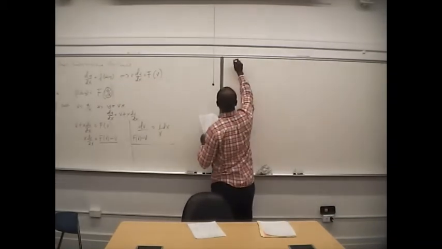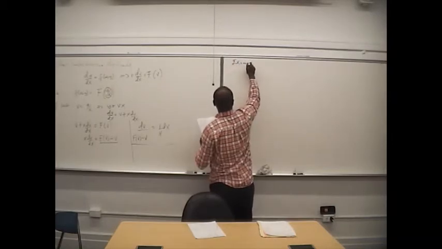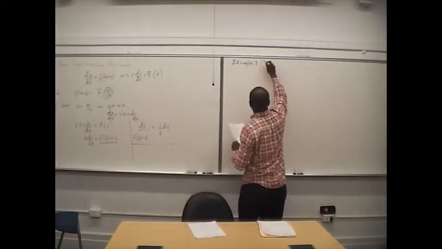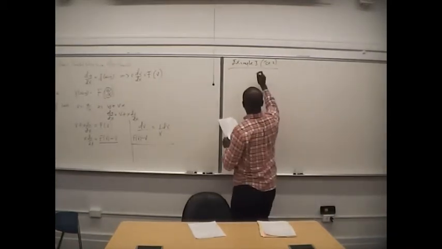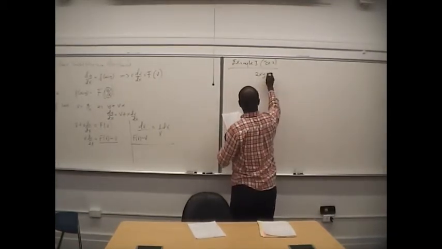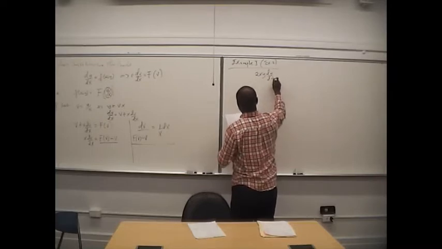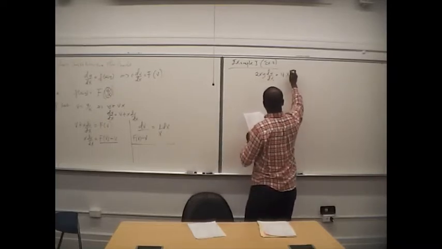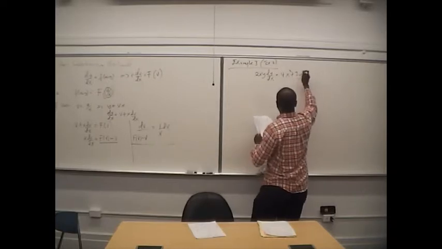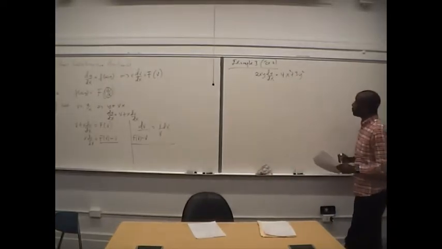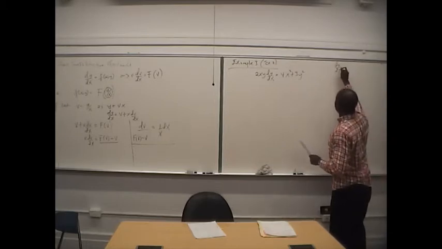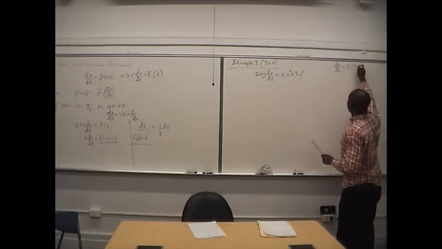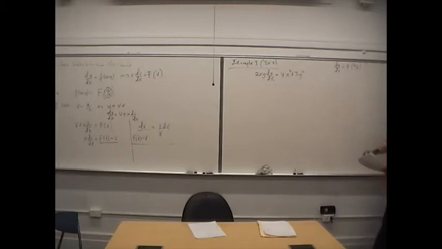All right, so example 2. This is example 3 here, but it's example 2 in your notes. We have 2xy dy dx is 4x squared plus 3y squared. Can we write this in the form dy dx is some function of y over x? We can.